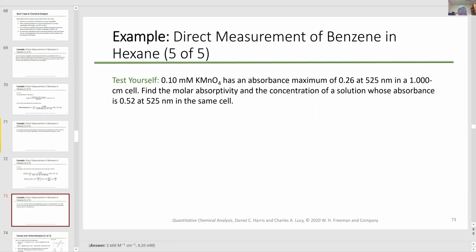B is 1 centimeter. Find epsilon, the molar absorptivity, and the concentration of a solution whose absorbance is equal to 0.52 at 525.